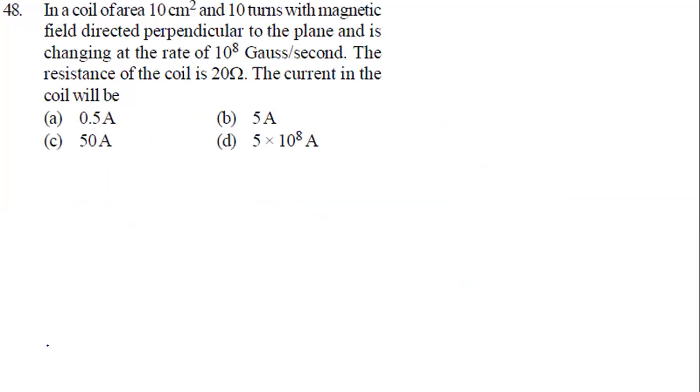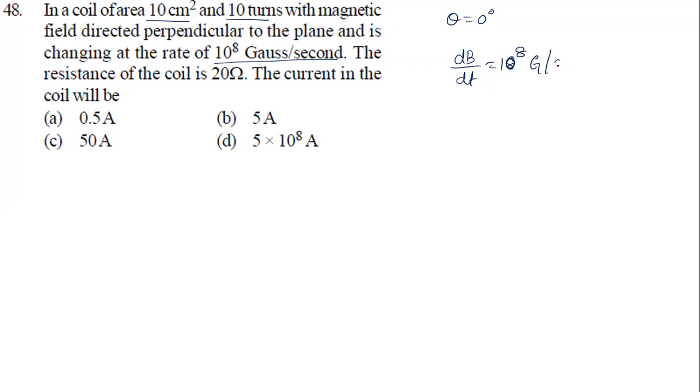Okay, yes. Next question, question number 48. In a coil of area 10 centimeter square, with 10 turns, a magnetic field is directed perpendicular to the plane of the coil, so the angle is 0 degrees. The magnetic field is changing at a rate of 10 power 8 Gauss per second, that is dB by dt.